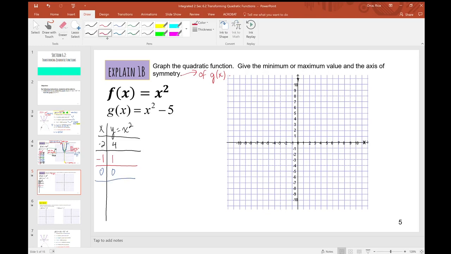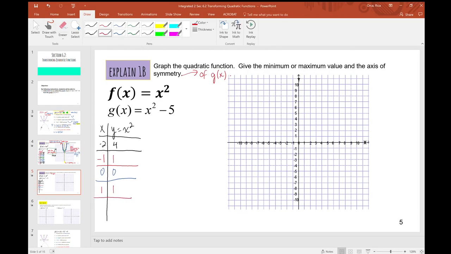When x equals 1, y will equal 1 squared, which is 1. And when x equals 2, y will equal 2 squared, which is 4. So your y values for f of x equals x squared will always be 4, 1, 0, 1, 4.